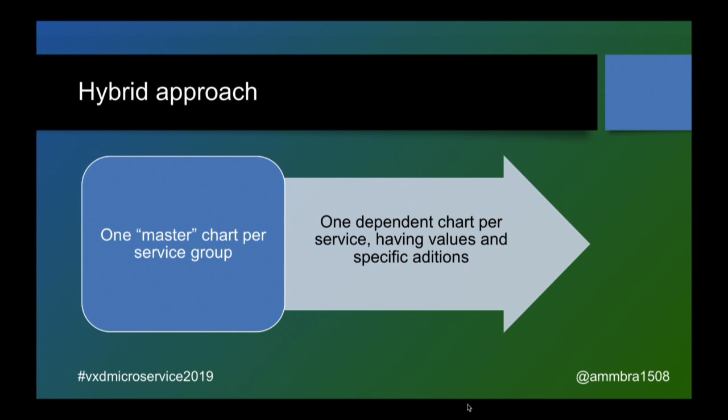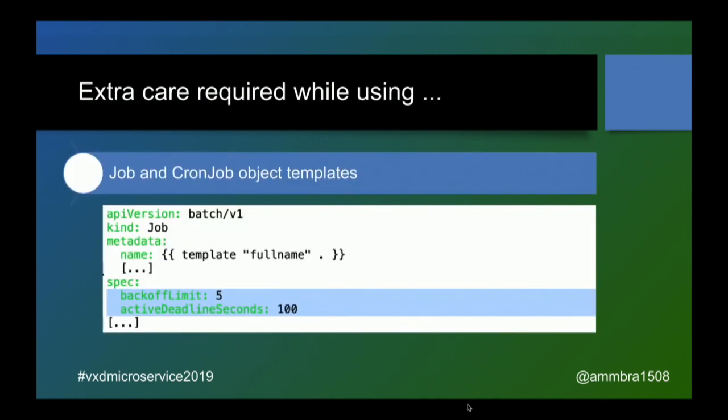You have, again, one dependent chart per service, so still the one chart per service approach, but you're also combining it with the master chart approach by defining those global values.yaml. This is the third one, and the most used if you have a lot of microservices. It depends a lot on your configuration, how many you have.